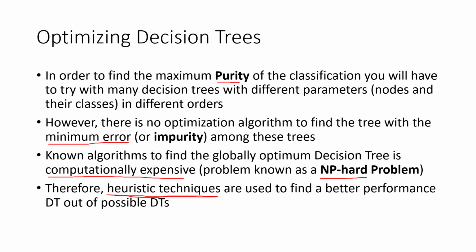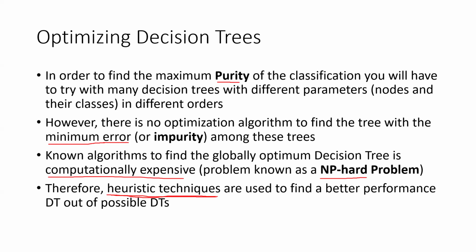Like you don't have many supercomputers to calculate the decision trees, right? You have limited computing power, and you can't wait for months or years to do a calculation. So you have to use a heuristic technique for finding an optimum decision tree, which may not be the globally optimum decision tree with the minimum amount of impurity, right?